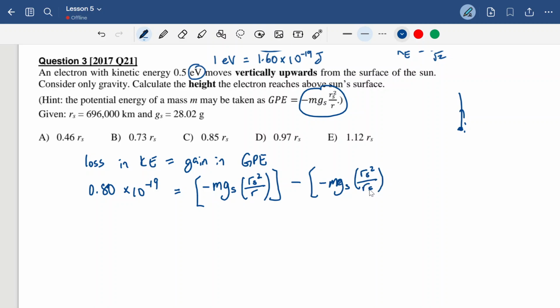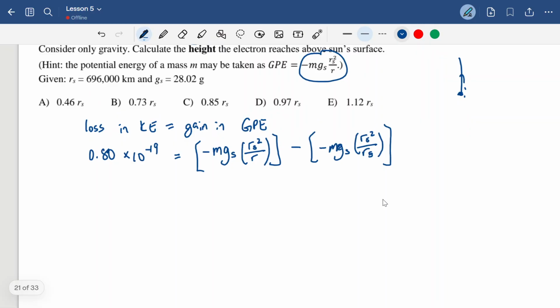Initial is on the surface of the sun, so the R is RS here. We should know that you can just cancel.